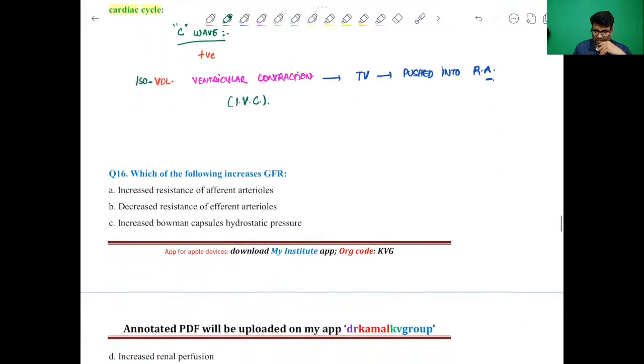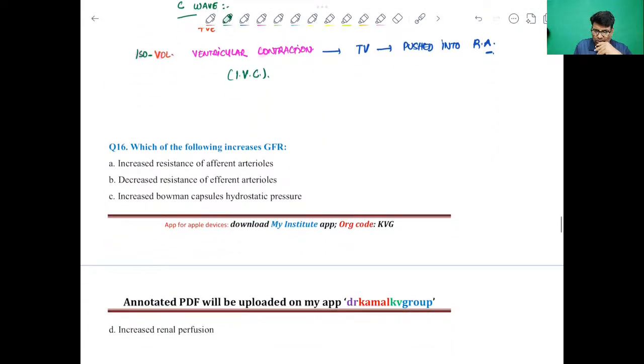Chalo. The next question, which of the following will increase GFR? Now, out of the 4 options, which of the following will increase GFR?